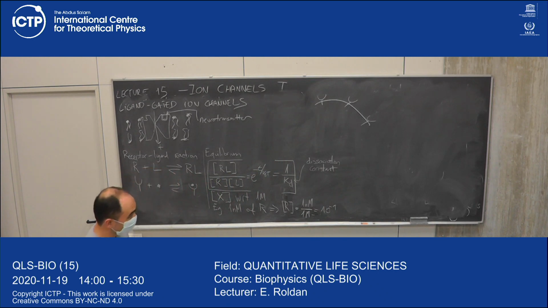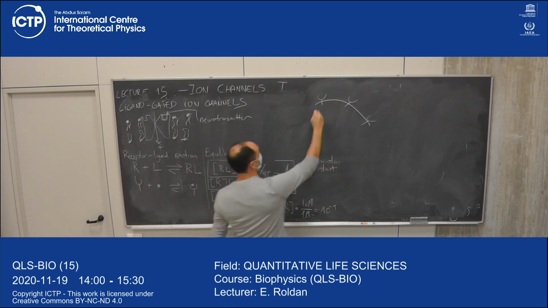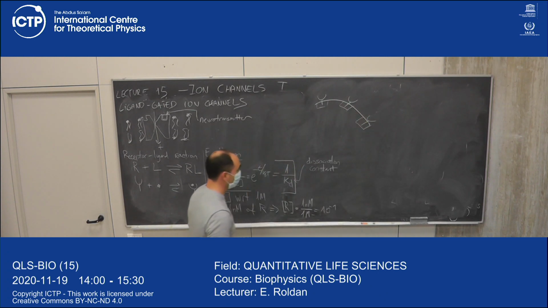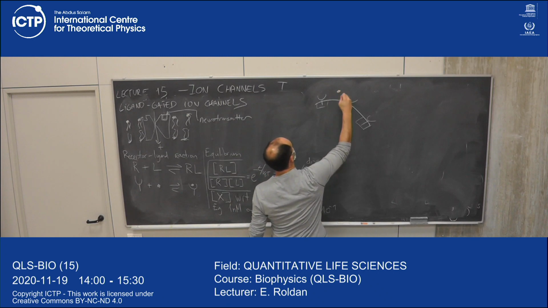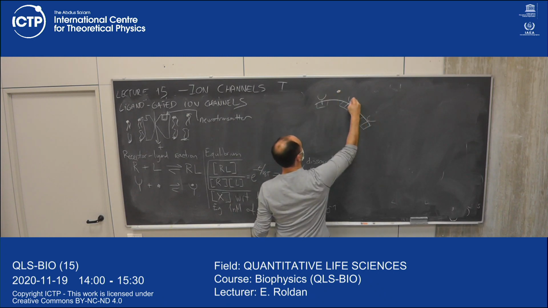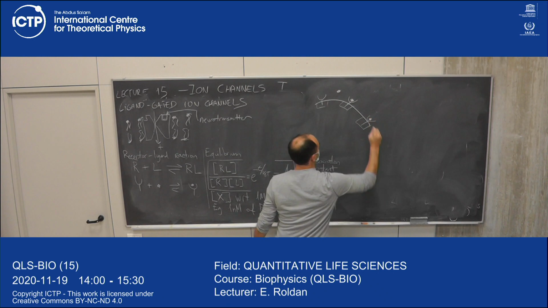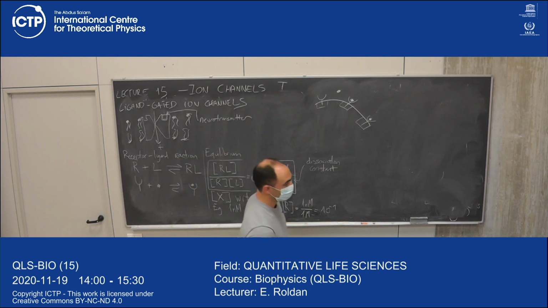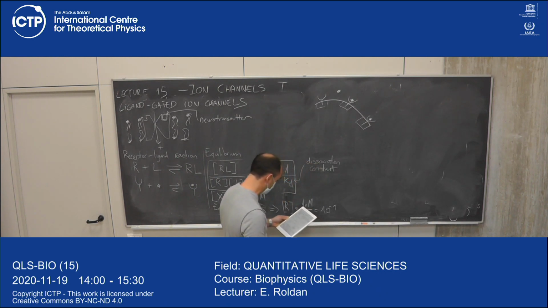Each one is a channel, independent of the others. There's a channel for this, a channel for this, and a channel for this. And there are ligands outside. Some of them are free, some of them are occupied. These models for receptors are very useful, and they are important for cancer as well. I can explain to you in a more advanced lecture in another moment.